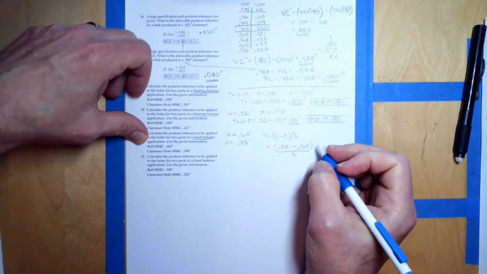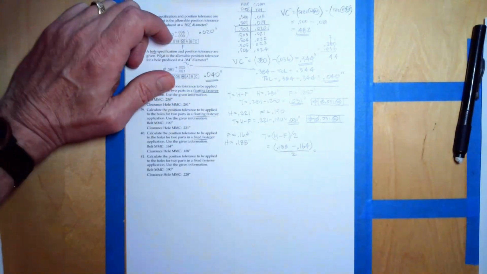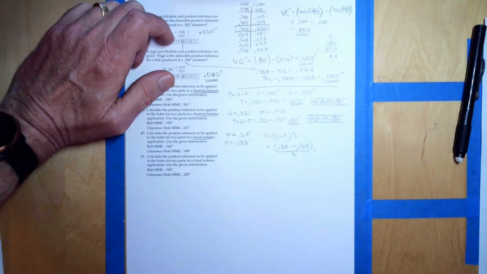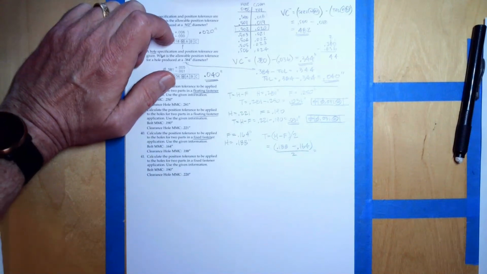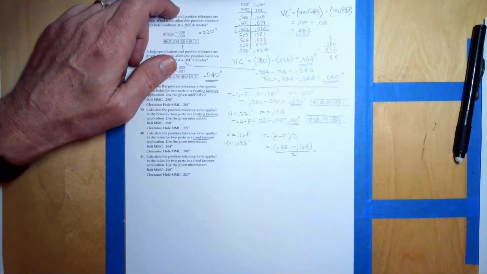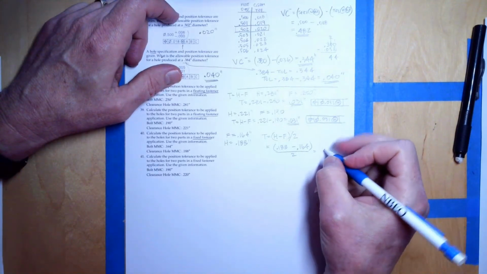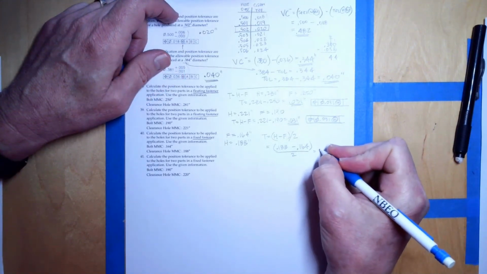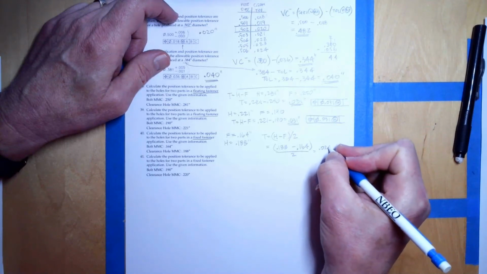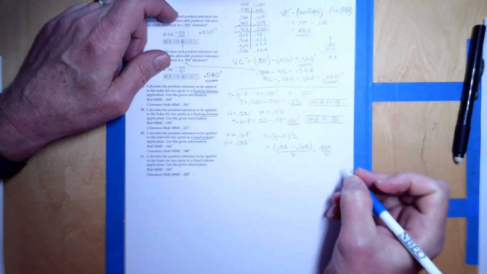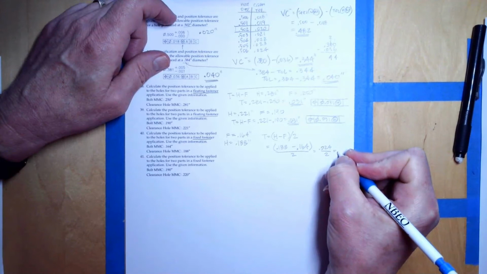Okay, 188 minus 164 equals 0.024. I'm sorry, I should have done that. Shouldn't have been able to do that math. 0.024 divided by 2 equals 0.012 inches.